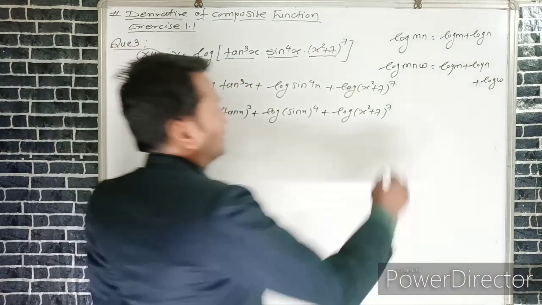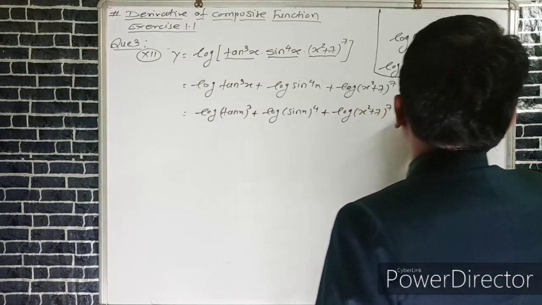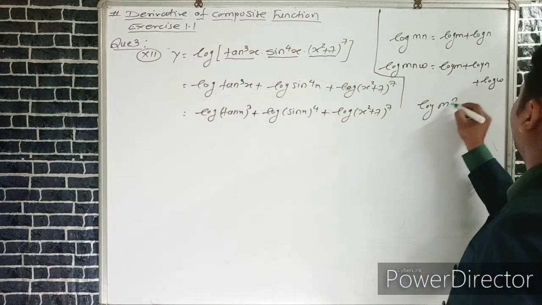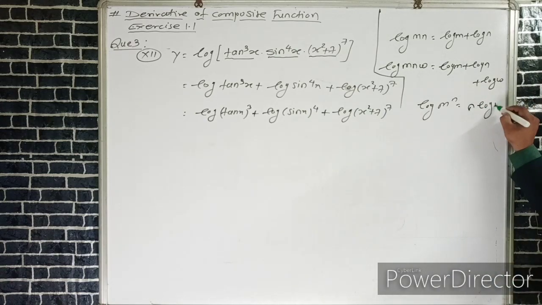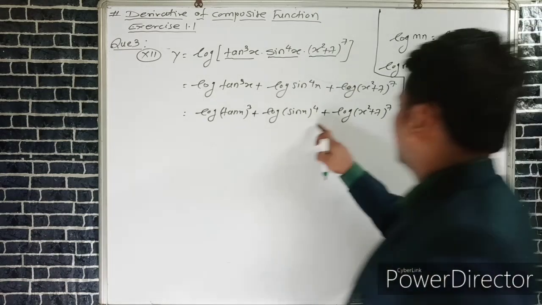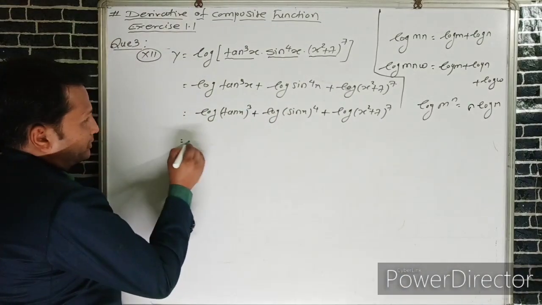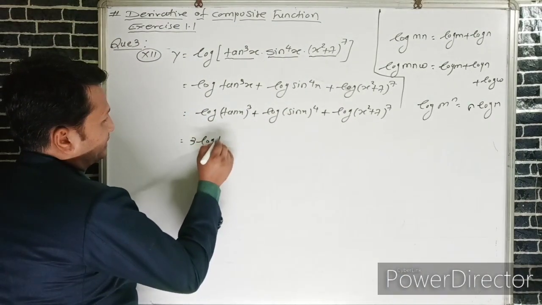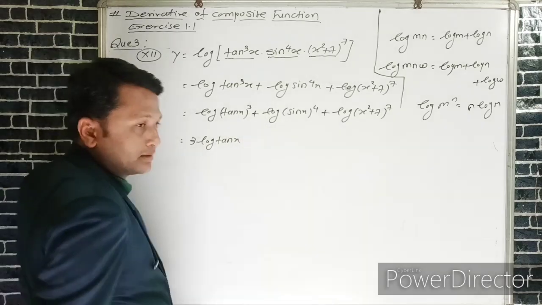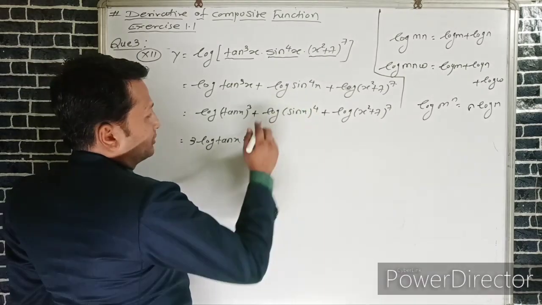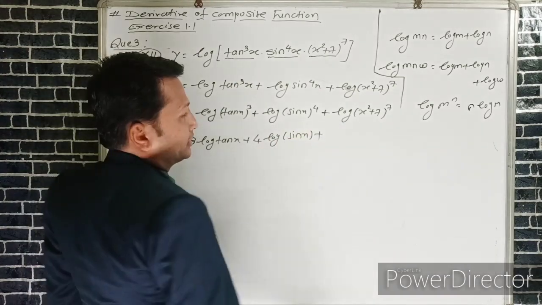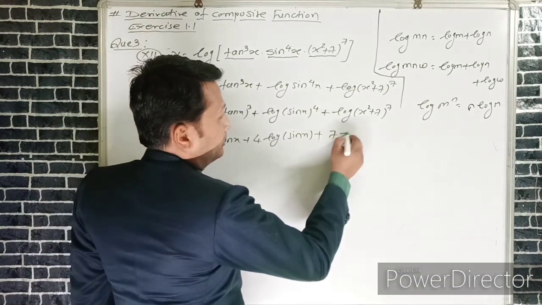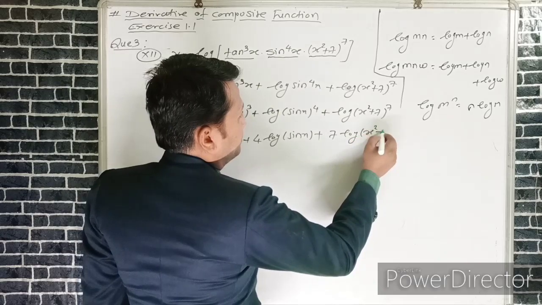If we apply the rule of logarithm, log of m raised to the power n equals n log m, then for all three terms we can write the first term 3 log of tan x, the second term 4 log of sin x, and the third term 7 log of (x squared plus 7).